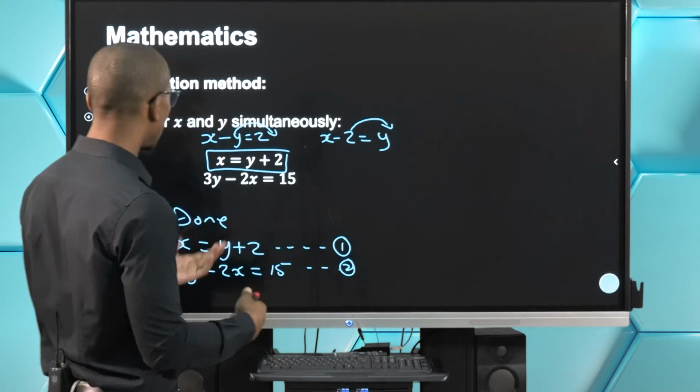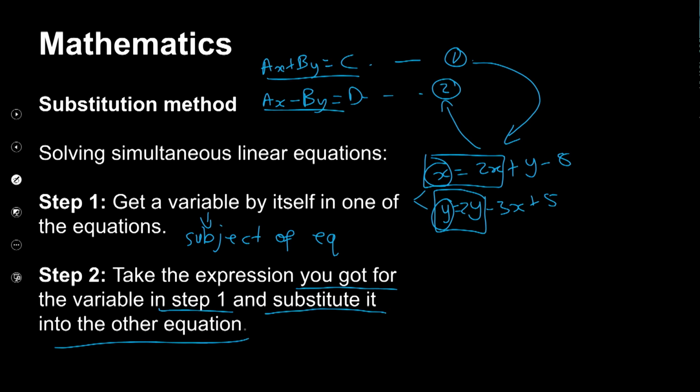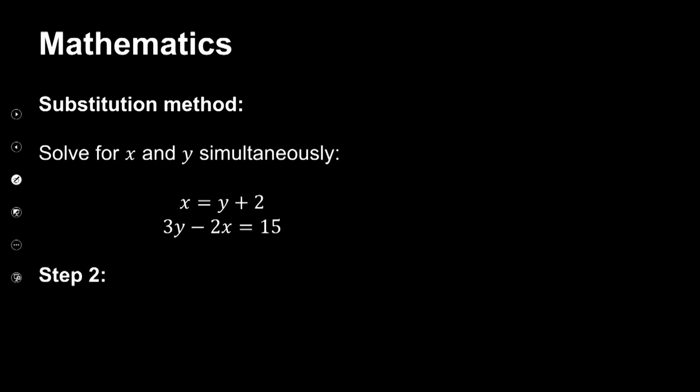So to do the substitution, which is my step number 2, right? Let me quickly verify that. Take the expression you got and substitute it, right? So to do that, it means I will have 3y minus 2. What does equation 1 say? Equation 1 says you need to sub, or step 2 rather, sub equation 1 into equation 2.